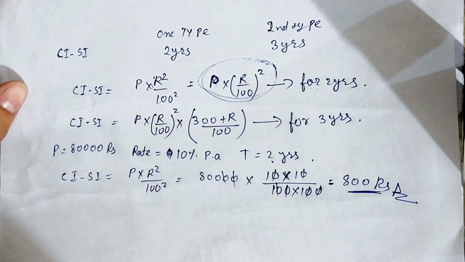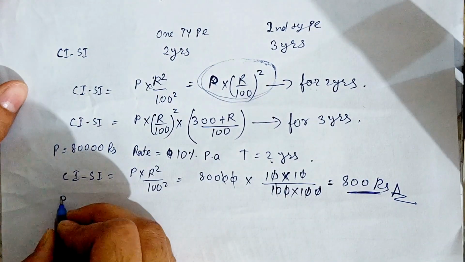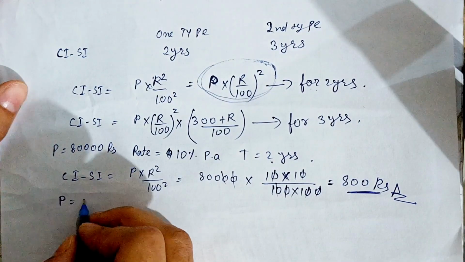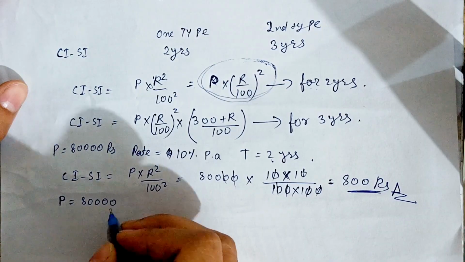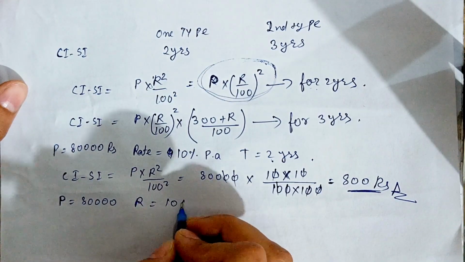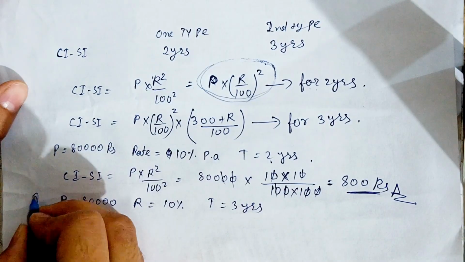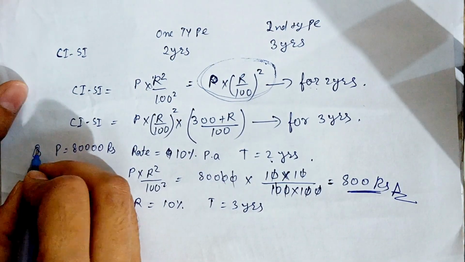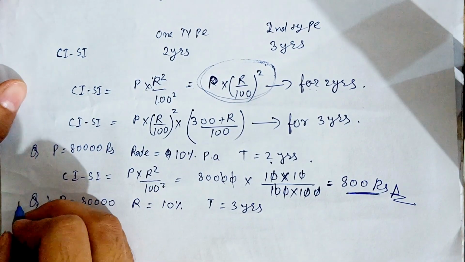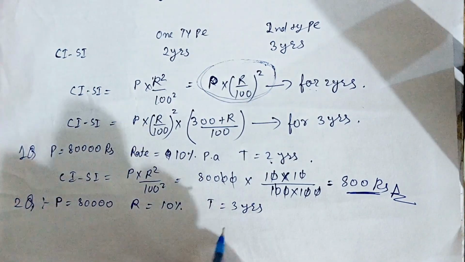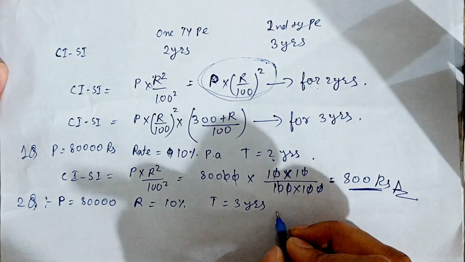Now consider P is equal to 80,000, rate is equal to 10% and time is equal to 3 years. This is the second question and the earlier one was the first. What is asked here?